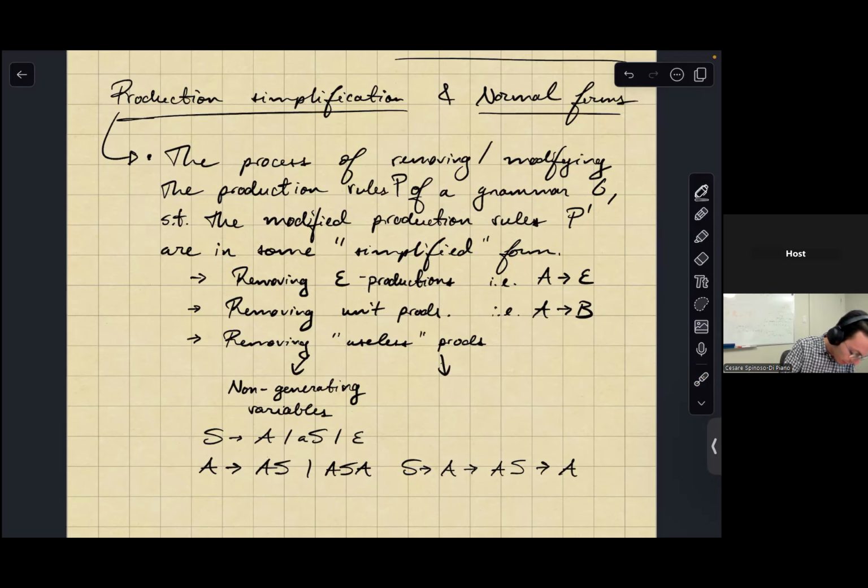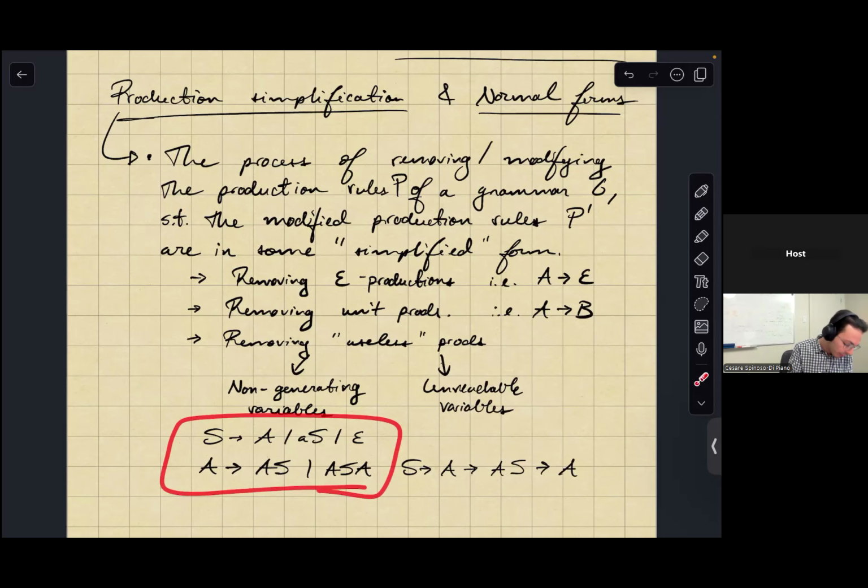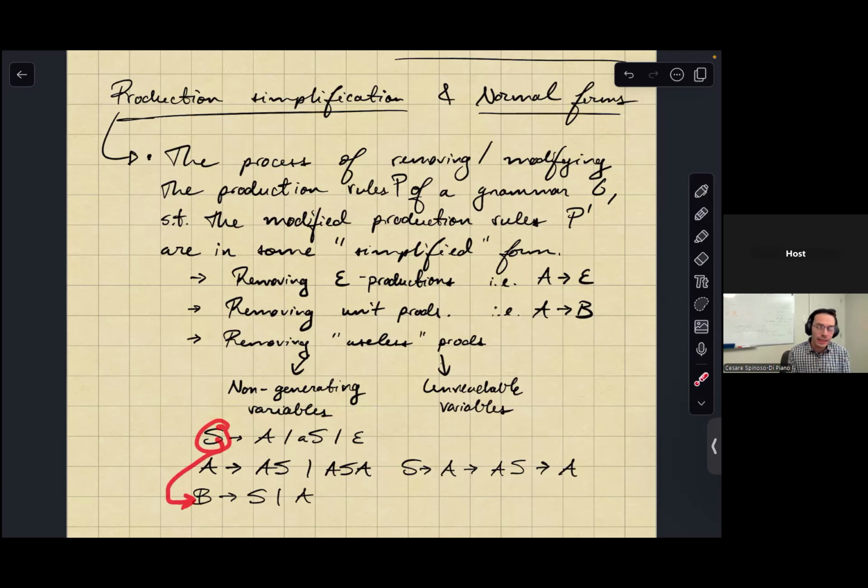In terms of useless productions, we have unreachable variables. Unreachable variables would be something like, if you had these two variables with those corresponding production rules, you might add some variable like B that gives you S or A. But if we're assuming that S is the start variable, then you can never get from the start variable to B, right? So this is very akin to an unreachable state in a DFA.